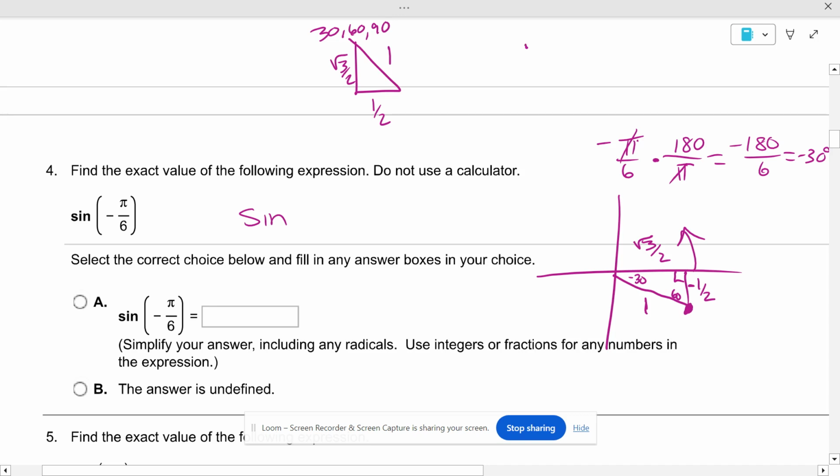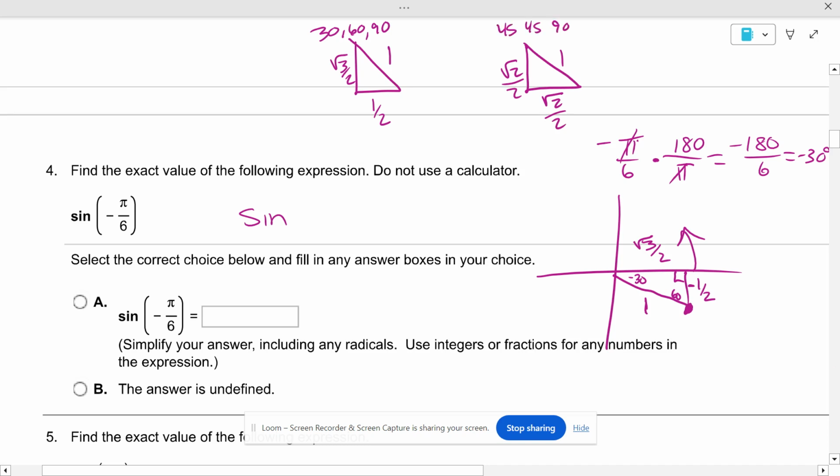We'll also be dealing with 45, 45, 90 triangles today, where the two legs are square root of 2 over 2, and the hypotenuse is 1.